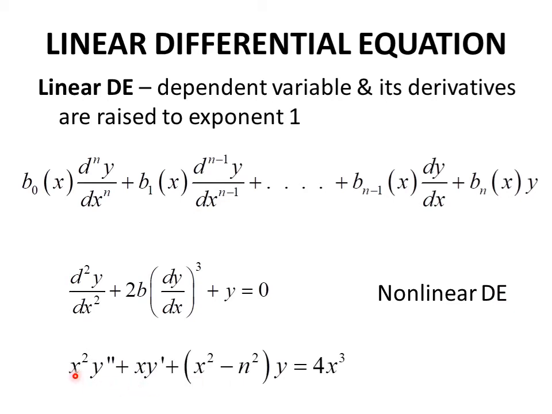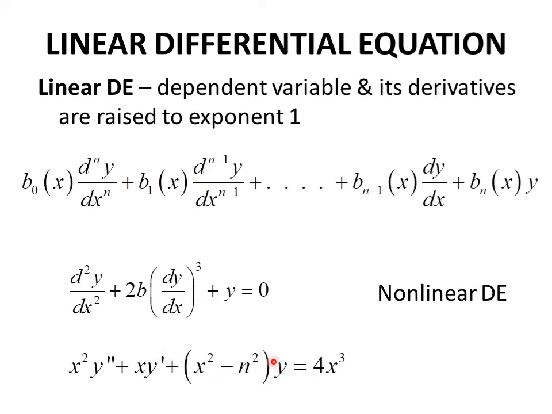How about this equation? We have x squared y double prime plus xy prime plus the quantity x squared minus n squared times y is equal to 4x cubed. So let's inspect the exponents of y and its derivatives. We have here y double prime, that is raised to the exponent 1. We have here y prime, that is also raised to the exponent 1.